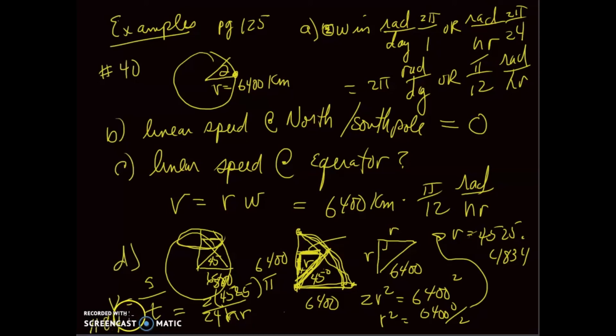Because I'm running out of room, these are kilometers, and this is hours: kilometers per hour. So that's how fast you're traveling at the equator, 1,184 kilometers per hour. This can get really interesting and really confusing, but you should be able to do these problems. It'll take a little time, perhaps a little bigger sheet of paper than I've got showing here.